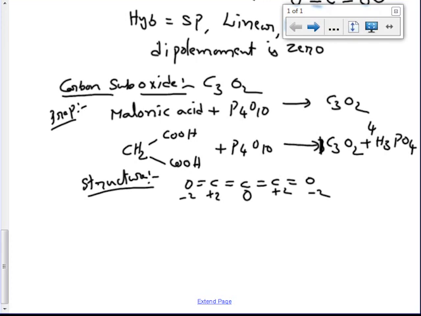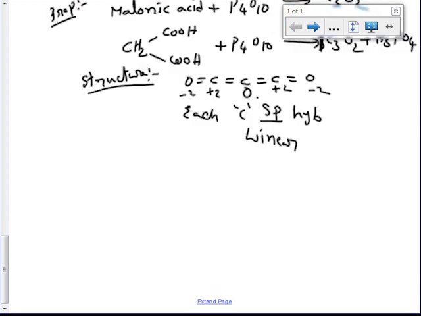They will ask the oxidation state of carbon in the suboxide: the central carbon atom is 0, the remaining two carbons are +2, the oxygens are -2, and overall the molecule is 0. Each carbon undergoes sp hybridization, the shape is linear, and the dipole moment is also 0 like carbon dioxide.